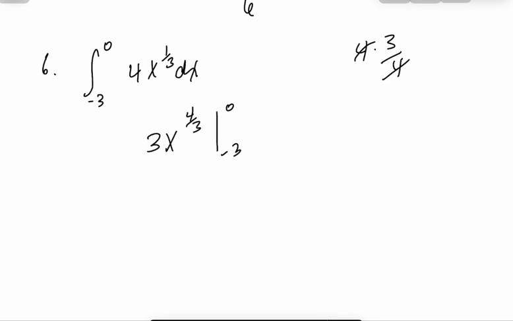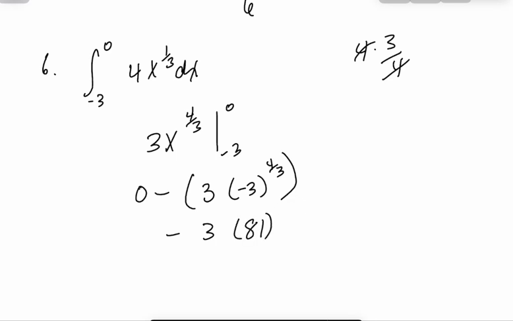When we plug in 0, we're going to get 0. When we plug in -3, let's analyze that for a minute. Okay. So think about if you did the 4th power on a -3. It would become a positive 81. And then it would become 81 to the 1/3 power, which is just the cubed root of 81.